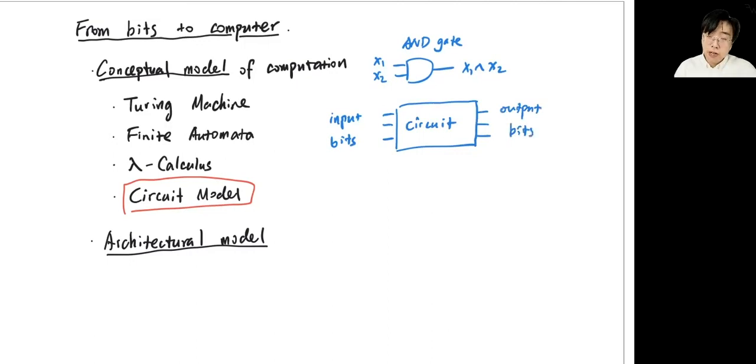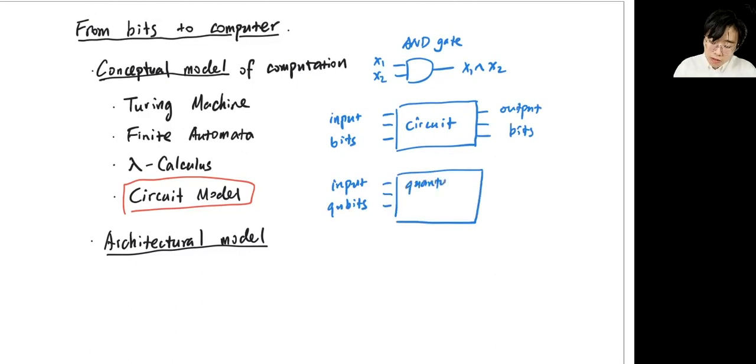We can easily generalize this model for quantum computation by passing input qubits through quantum circuits, which consist of quantum gates, and you'll end up with output qubits.